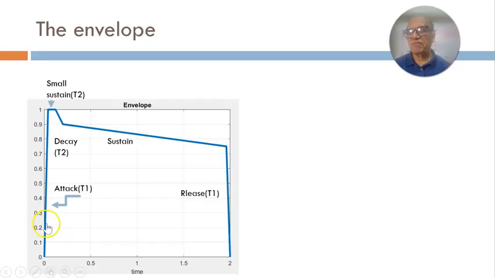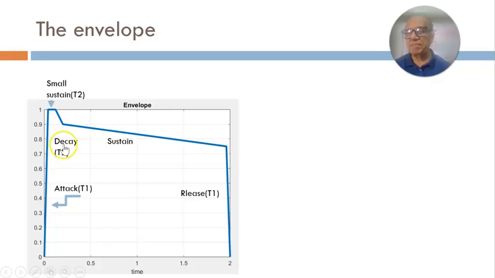Now, what are the various phases in this envelope function? First of all, you have the attack phase where the envelope increases rapidly from 0 value to 1 value. So this is a small amount of time, and T1 denotes the number of samples in this phase, which is called the attack phase. Then the next phase in the envelope is the small sustain phase, and the number of samples in this small sustain phase is equal to T2.